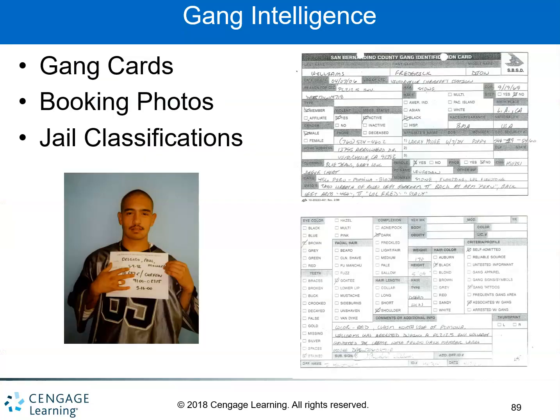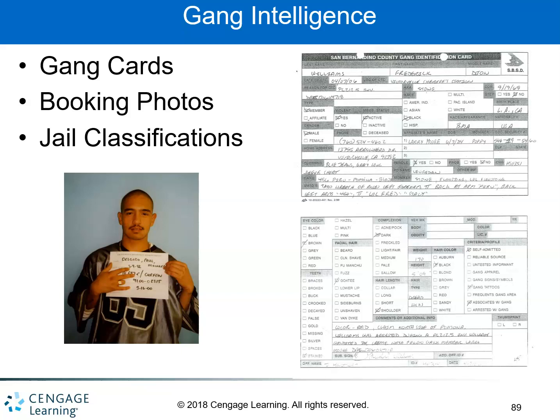Another great form of gang intelligence would be things like gang cards or booking photos or even jail classifications. Now, a gang card is basically like a field interview card where maybe you don't have enough to arrest somebody, but you want to put their information in the computer because they're in an area that they shouldn't be in. They're suspicious.